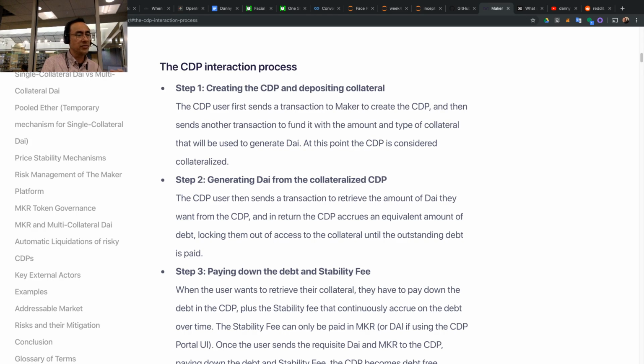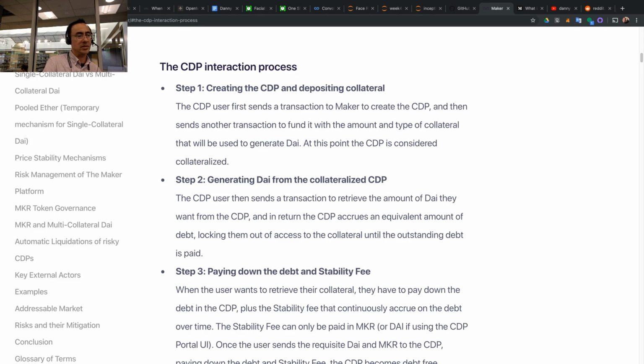So you first send a transaction to Maker to create the CDP, and then send another transaction to fund it with the amount and type of collateral that will be used to generate DAI. At this point, the CDP is considered collateralized.